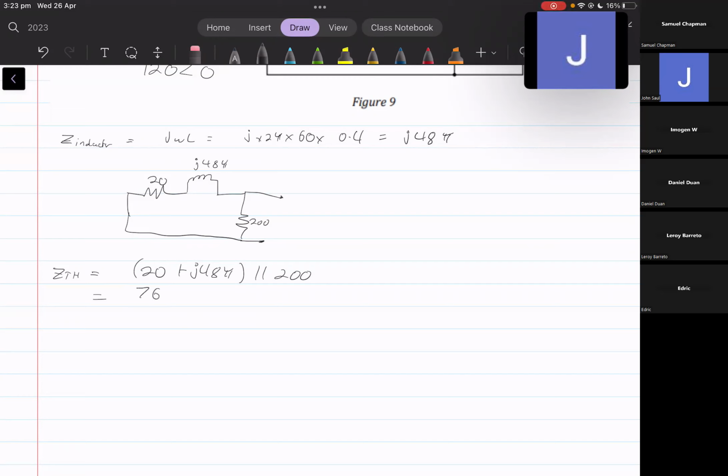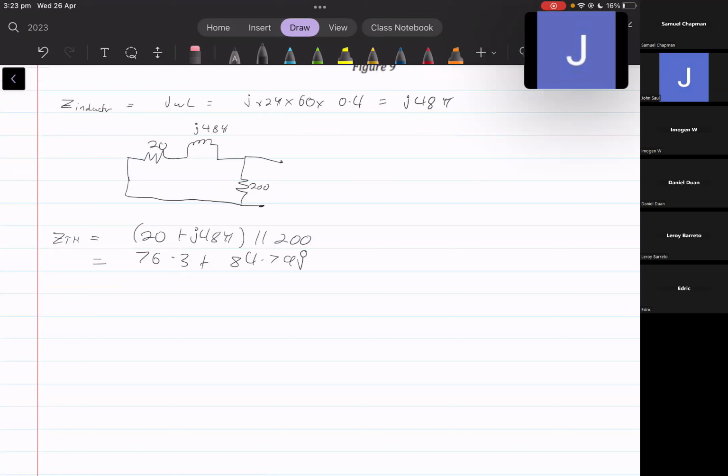So that should give us 76.3 plus. So 76 plus 3 digits, so like 84.79j.